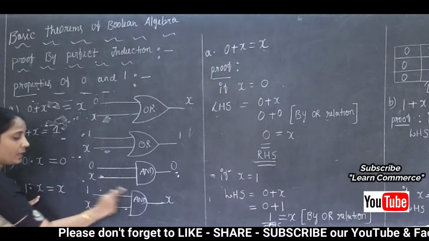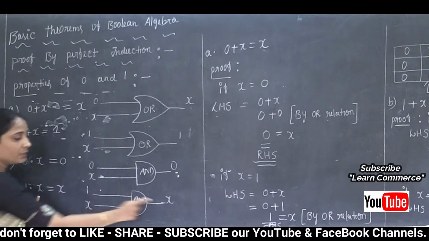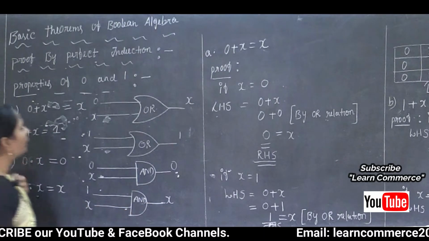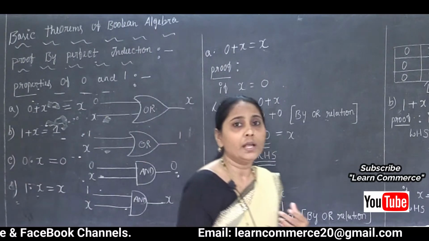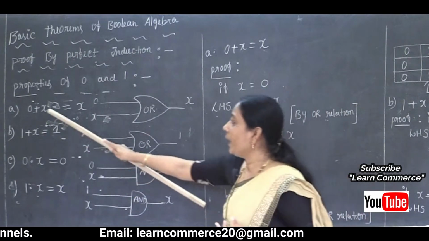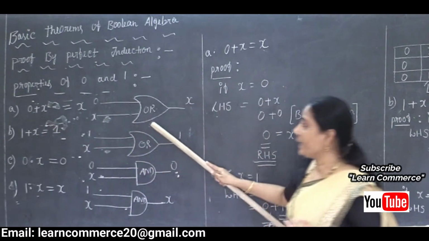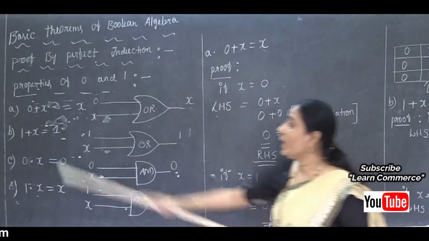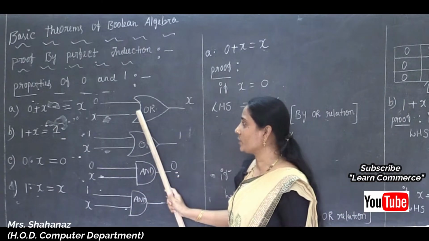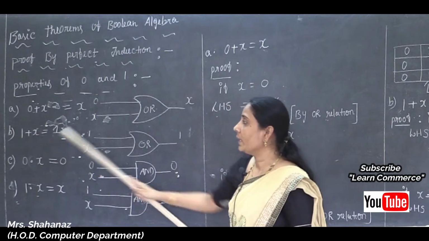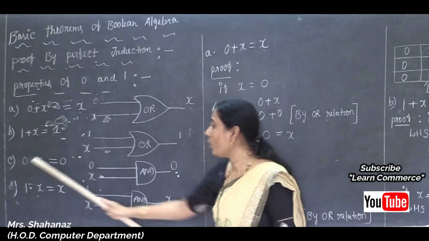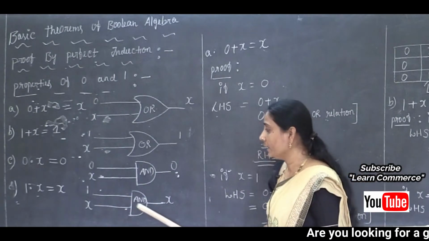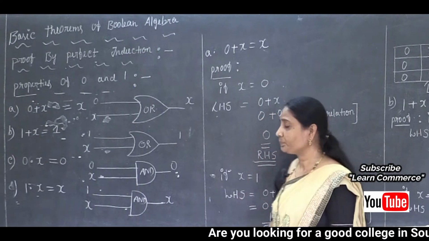I have completed the symbols for the properties of 0 and 1: 0 plus x is equal to x, 1 plus x is equal to 1, 0 and x is equal to 0, 1 and x is equal to x.